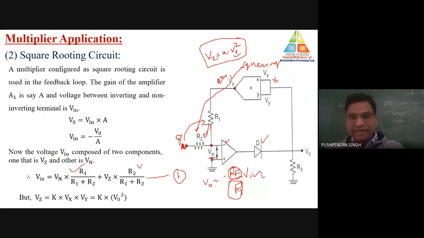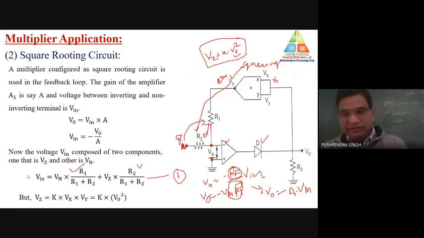So this is your gain parameter. Minus Rf by R1 is called the gain parameter, or it can be replaced by A. So V naught is equal to minus of Vin into A. Also it can be written as V naught is equal to minus of A into Vin.